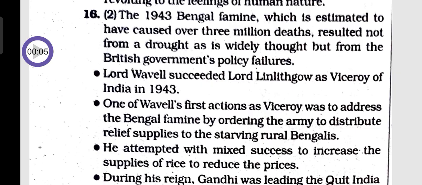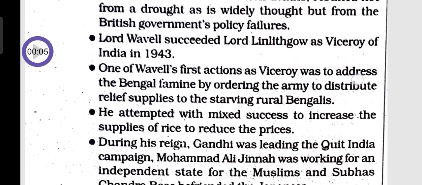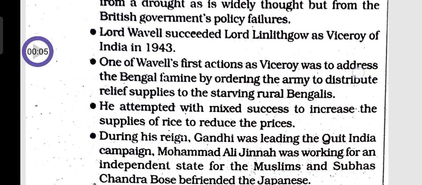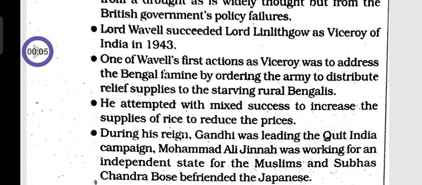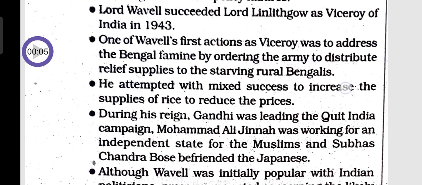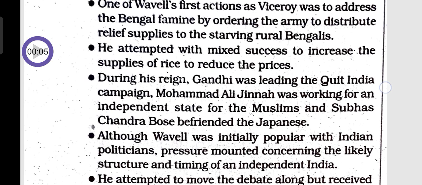During his reign, Gandhi was leading the Quit India campaign, Muhammad Ali Jinnah was working for an independent state for the Muslims, and Subhash Chandra Bose befriended the Japanese. Although Wavell was initially popular with Indian politicians, pressure mounted concerning the likely structure and timing of an independent India.